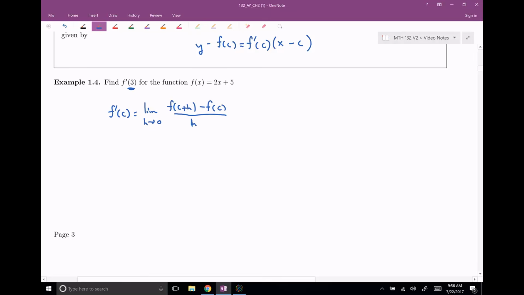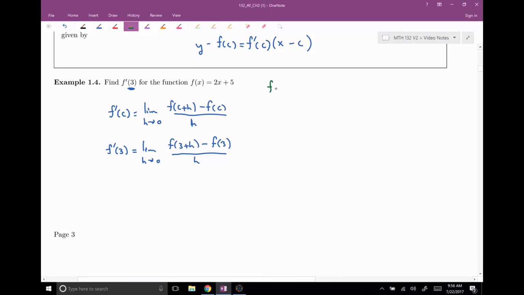I want to figure out the derivative at 3. So this is going to be f prime of 3 is equal to the limit as h goes to 0 of f of 3 plus h minus f of 3 divided by h. And so you can see in order to calculate this out, I'm going to need f of 3 plus h, and I'm going to need f of 3.